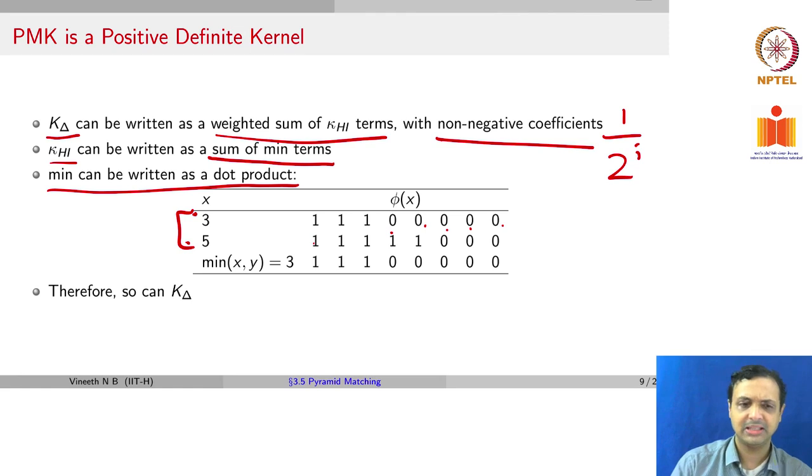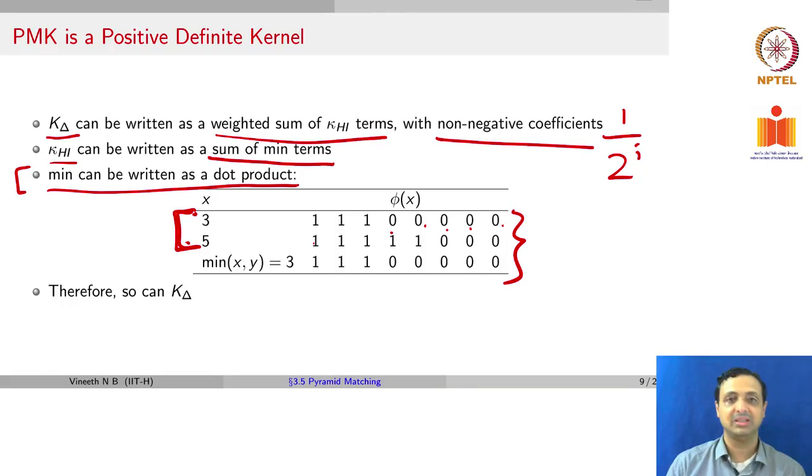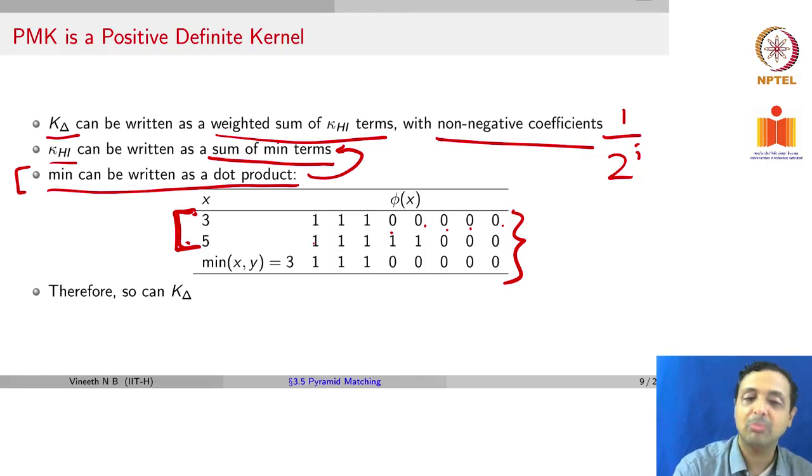So one question here is, we just said that min can be written as a dot product by writing out each of the numbers in this form. If you wrote out each of those numbers in this particular form, then min becomes a dot product. So you could ask me, you simply extrapolated the dot product to a sum of min terms, and then a sum of kappa hi terms with non-negative coefficients, and concluded that it's positive definite.